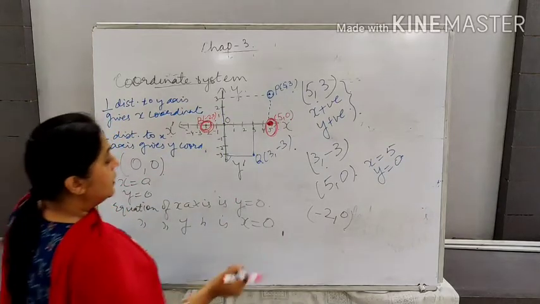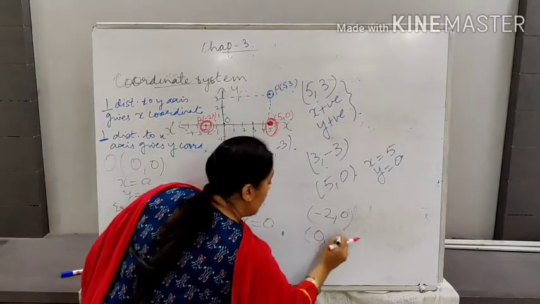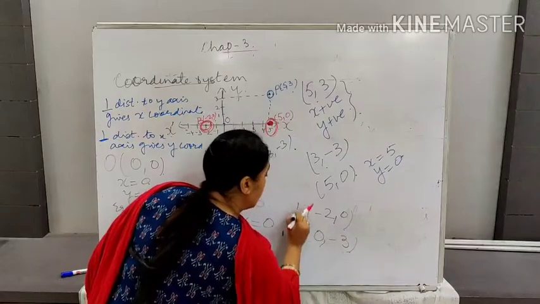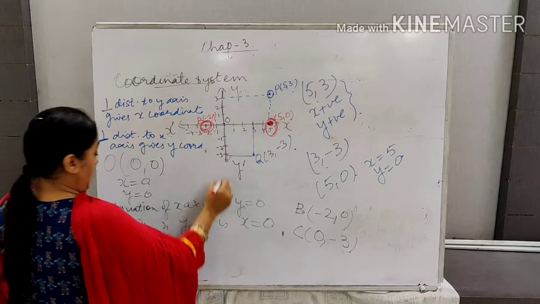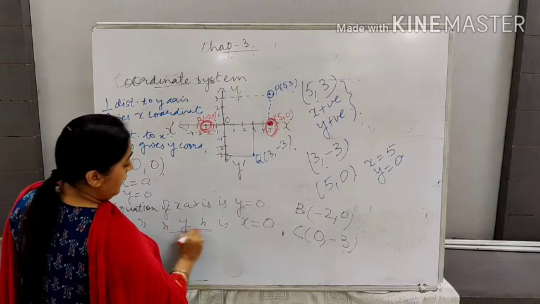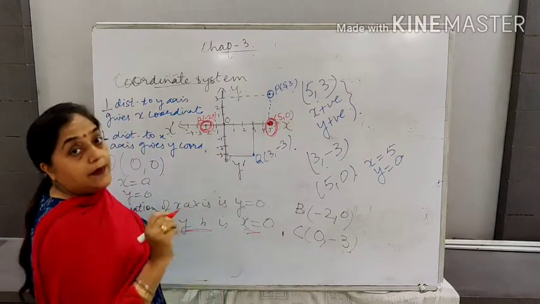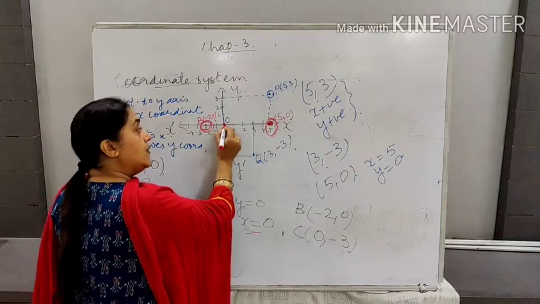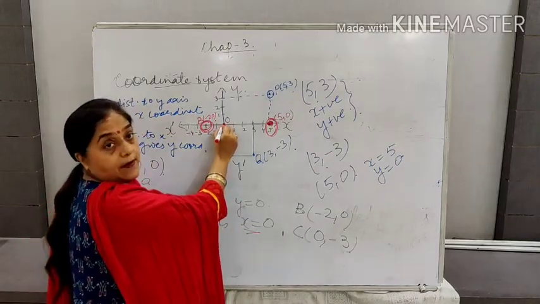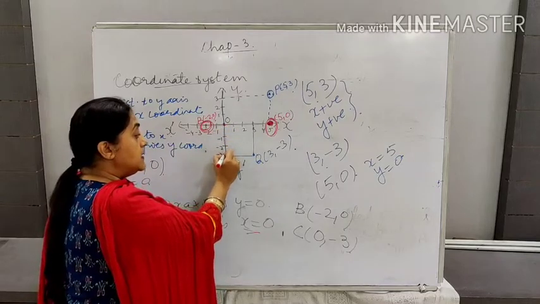Similarly, if I want to locate 0, minus 3, I said equation of y axis is x is 0. Now in this case x is 0, x0 is here only, we did not move x, so y is minus 3.